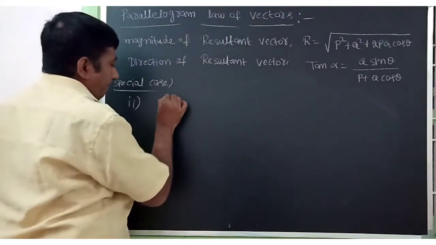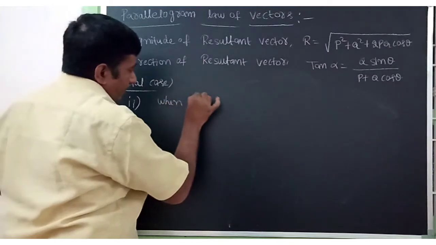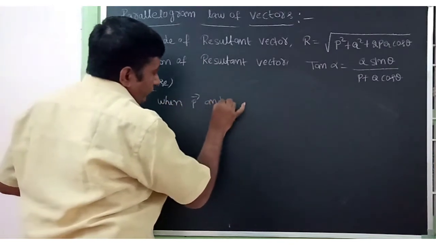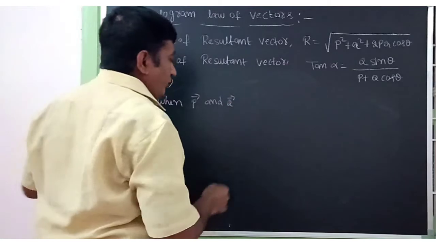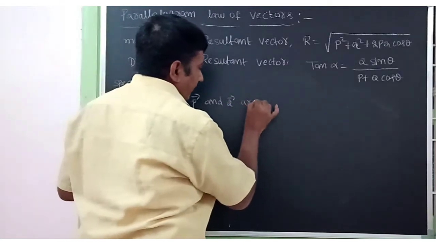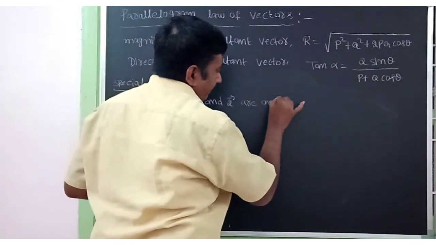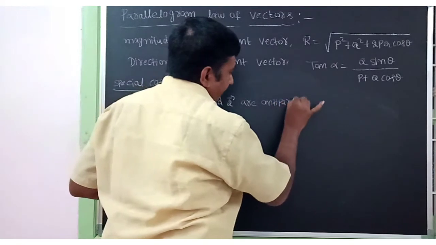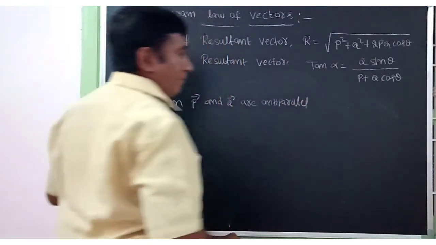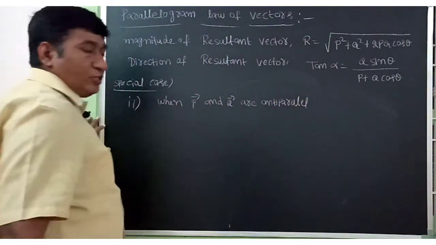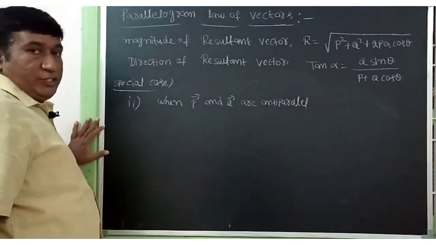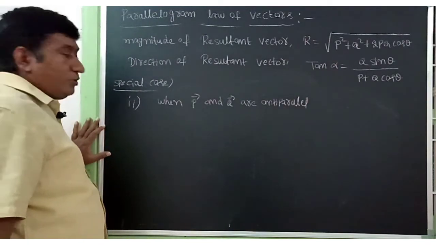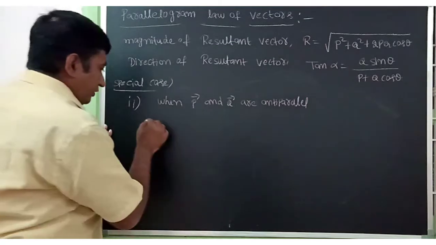Okay, case 2. When the p vector and q vector are anti-parallel with each other, what are we going to get?